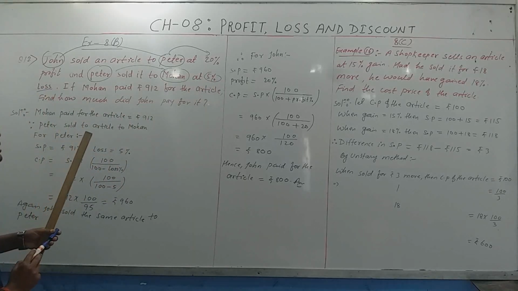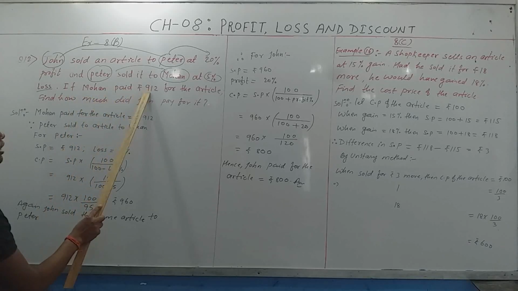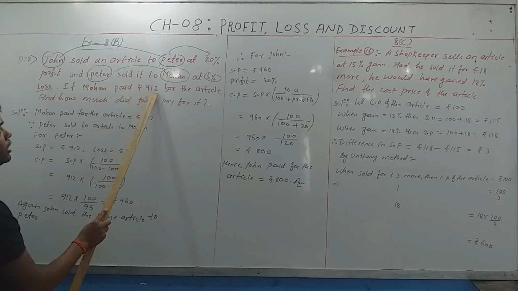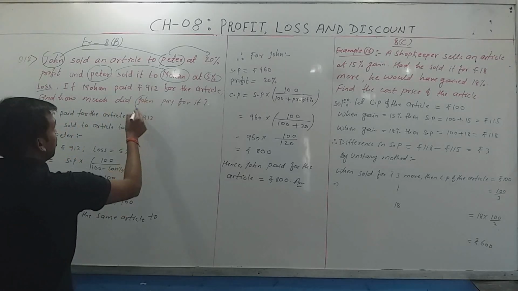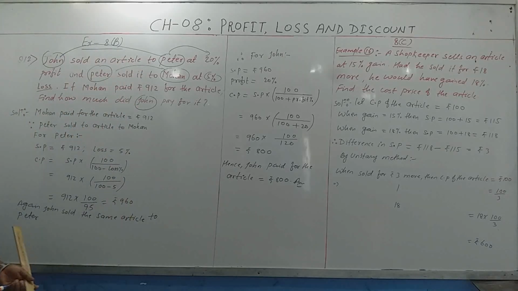First profit, and then the second one is loss. If Mohan paid rupees 912 for the article, find how much John paid for it.